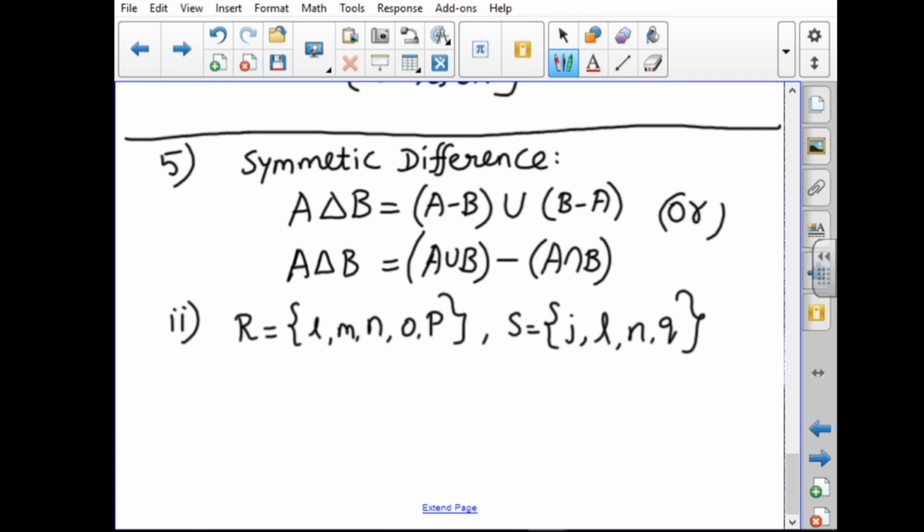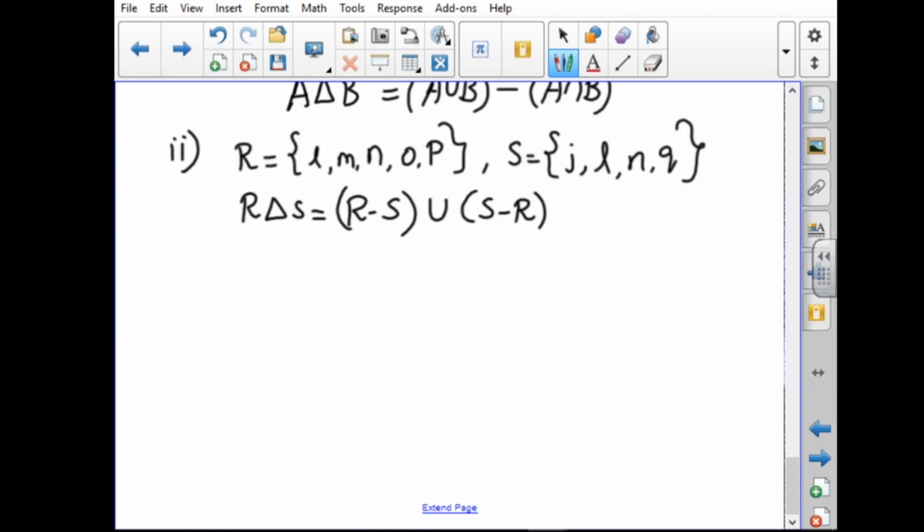Here it is A delta B, but the question is R and S. So we can use R delta S is equal to R difference S union S difference R. First we should find R difference S. What are the R elements?